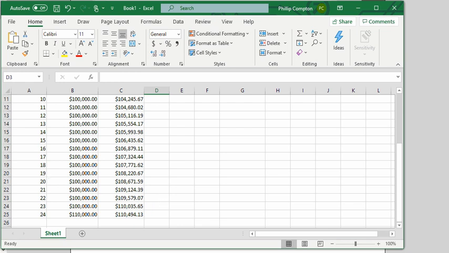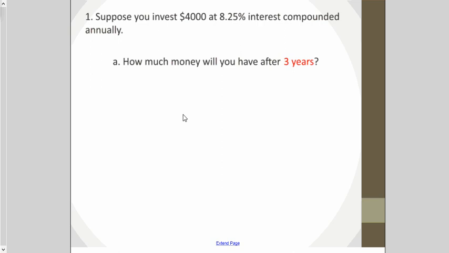So let's get back to it, and let's say we're going to invest $4,000 at 8.25% interest compounded annually. So we're going to use this idea of A equals P(1 + r/n)^(nt).